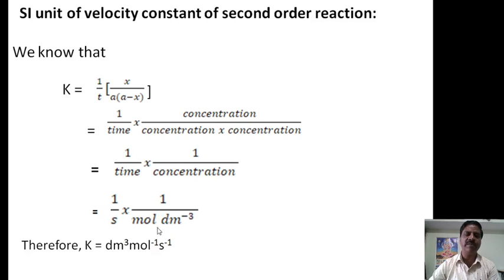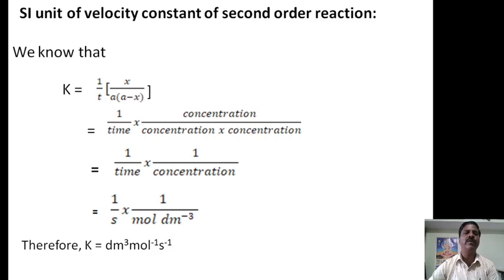After substituting, these are in the denominator, you have to make them numerator, therefore mole is converted into per mole, per cubic decimeter is converted into cubic decimeter, and second is converted into per second. Therefore the SI unit of this rate constant or velocity constant is cubic decimeter per mole per second, the SI unit of velocity constant of a second order reaction.